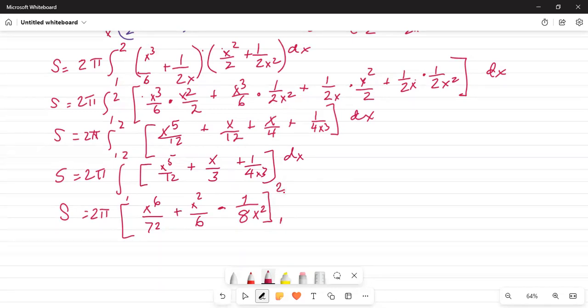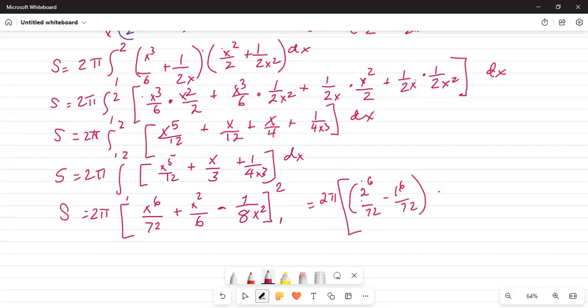So now it's a question of plugging in the limits correctly. So 2 pi, you can write 2 to the power of 6 over 72 minus 1 to the power of 6 over 72. Let's keep it all inside.